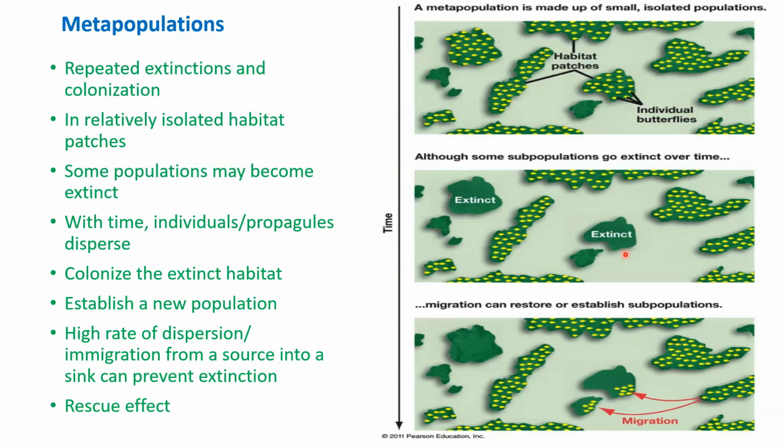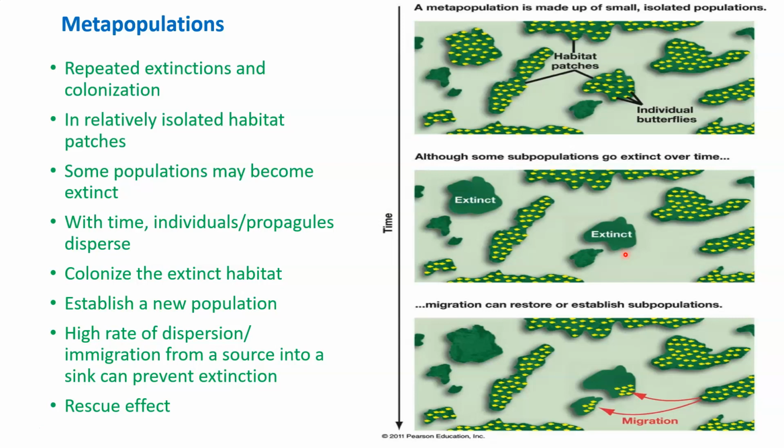And if the dispersal rates, migration rates, or movements are faster among different populations of the metapopulation, then the re-establishment of the population happens faster. This kind of movement of individuals or propagules from a source population into a sink population, or to a vacant habitat where extinction has happened, is called a rescue effect.